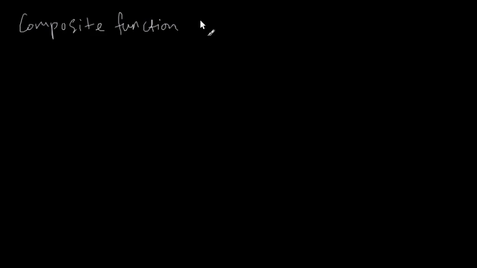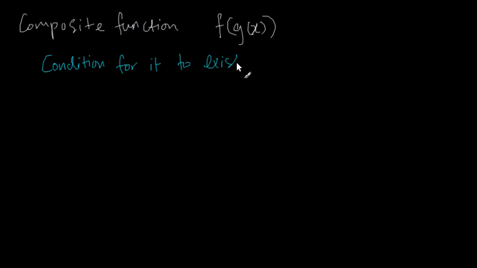I'll call it, to make it easier, I'll refer to it as f of g of x. So I have these two functions that I want to talk about. And the condition for it to exist.